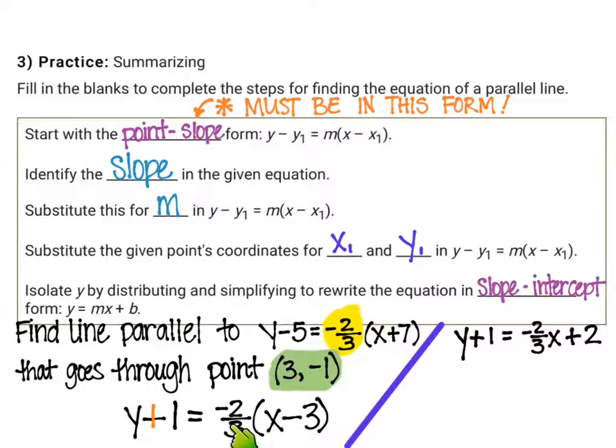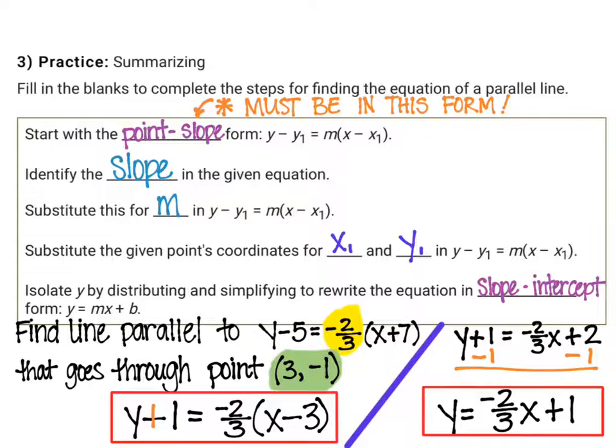It was negative 2/3 times negative 3. So a negative times a negative is a positive, and 2/3 of 3 is 2. We subtract 1 from both sides, and we end up with this equation, which is the slope-intercept form of the same line. So both of these equations describe the same line.